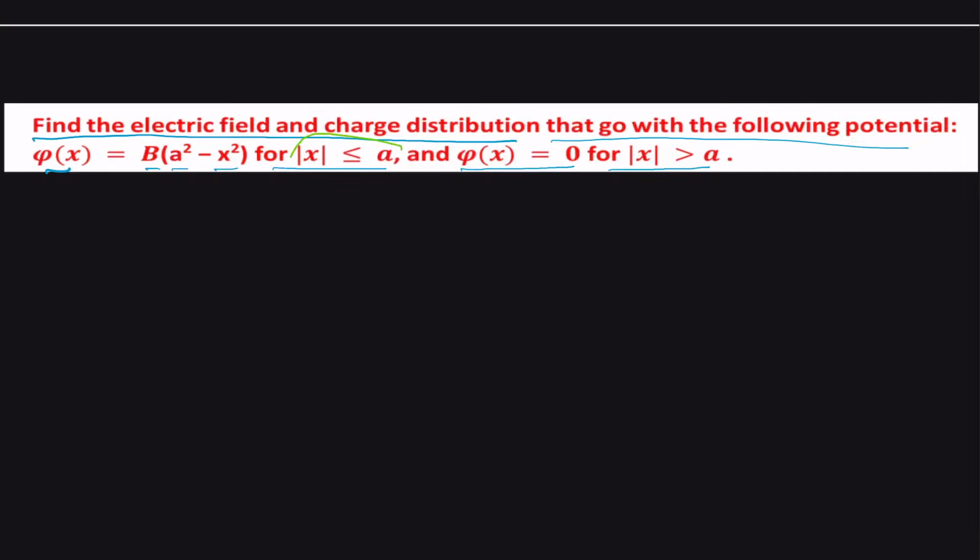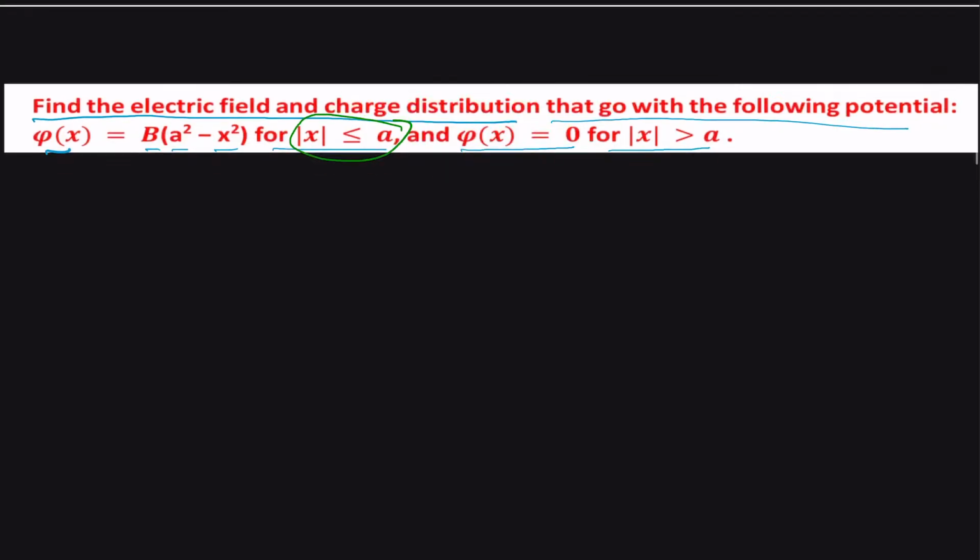So first is our modulus of x less than or equal to a. Let us call this our E of x at a certain point x, which will be equal to minus derivative of our potential.